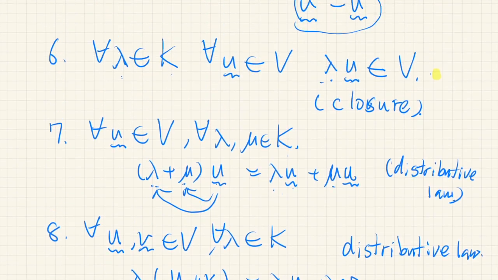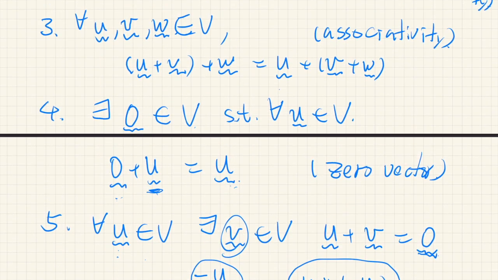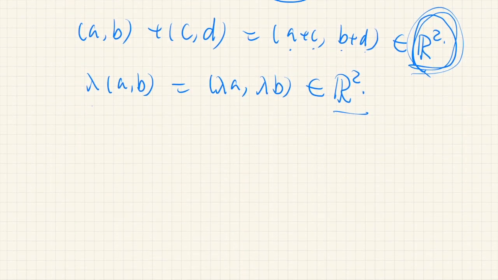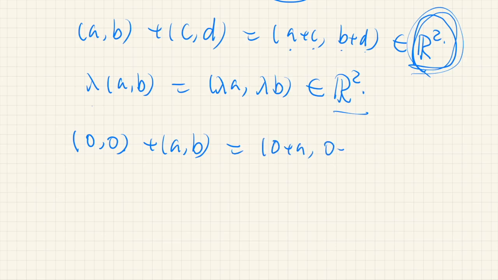And what about this additive identity? So what is the zero element of the vector space? Maybe you can guess, and that is, in the case of two-dimensional space, (0, 0), right? If we add (0, 0) to any two-dimensional vector, the result is 0 plus a and 0 plus b, and that is equal to (a, b).